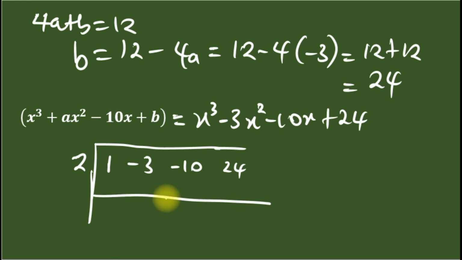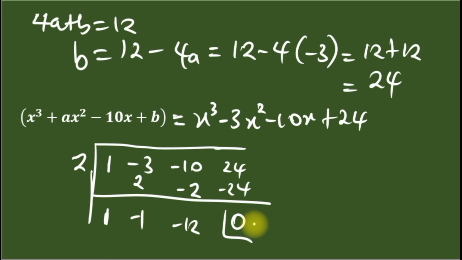I'm using synthetic division. This is 1. 1 times 2 is 2. Minus 3 plus 2 is minus 1. 2 times minus 1 is minus 2. Minus 10 plus minus 2 is minus 12. 2 times minus 12 is minus 24. If you add, it is 0. This is the remainder. For the remainder to be 0 means it's a factor.